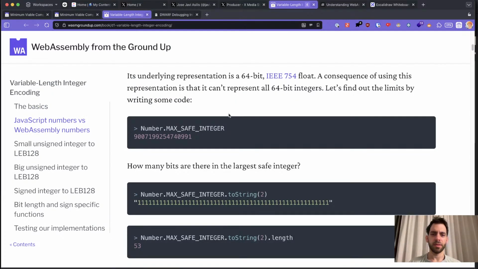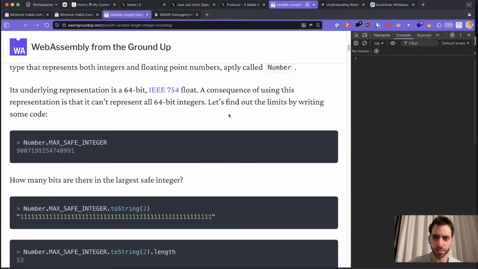Okay. Let's find out the limits by writing some code. Number.MAX_SAFE_INTEGER. I didn't know that you can actually do this. Let us see.